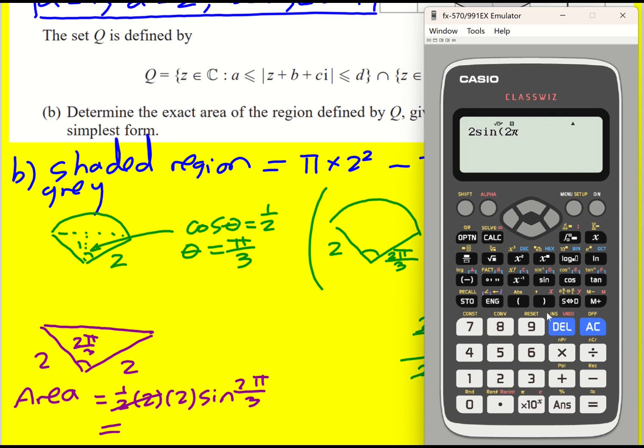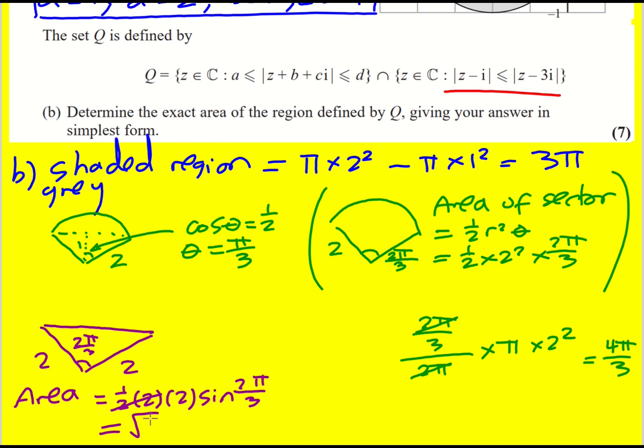I think this is going to be root 3. Because sine 2 pi over 3 is the same as sine pi over 3, which is the same as sine 60, that is root 3 over 2. Times it by 2, we get root 3. And therefore the segment area is going to be 4 pi over 3 minus root 3.